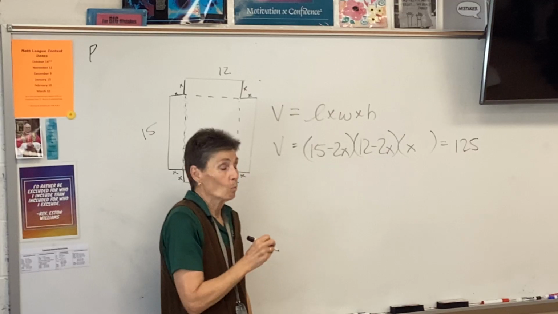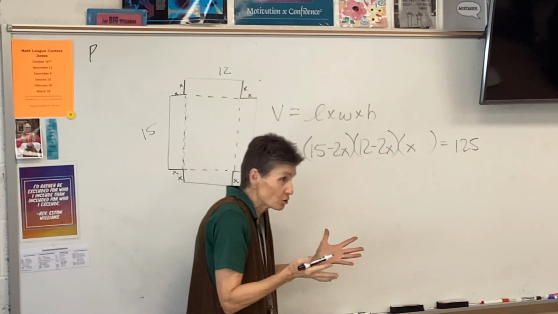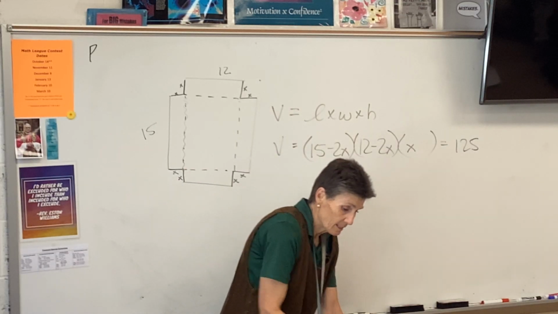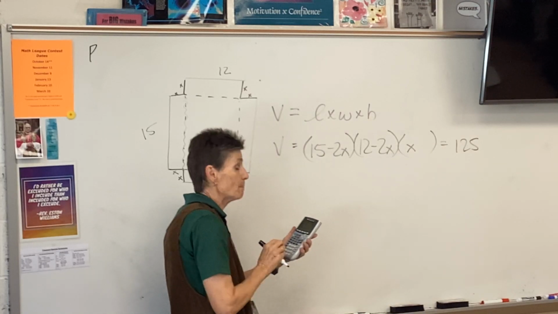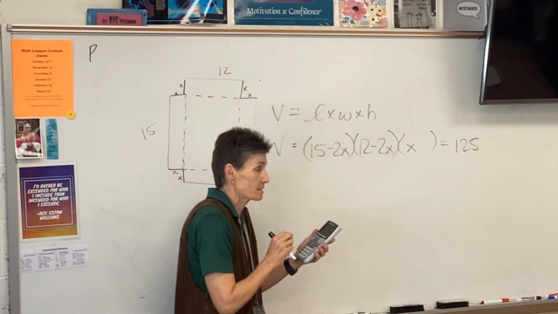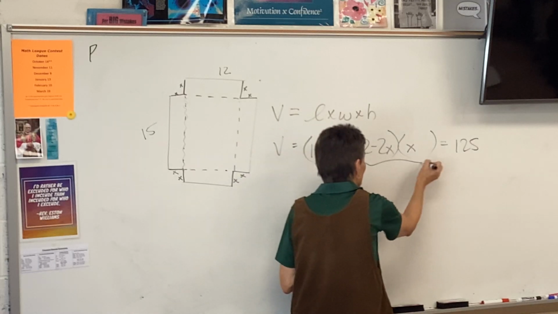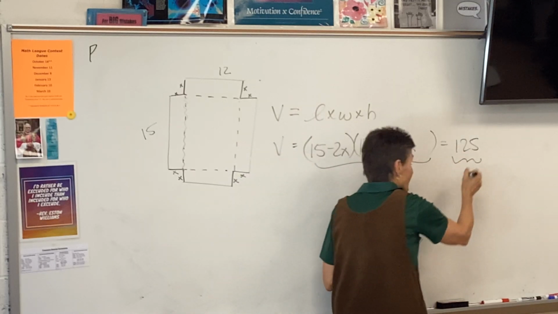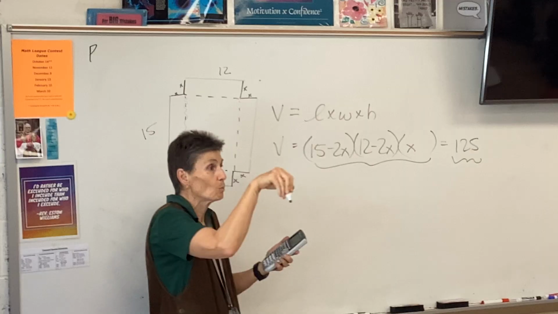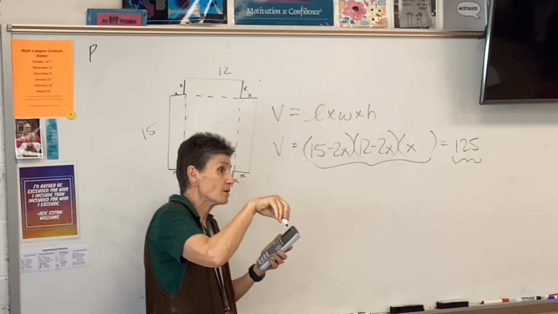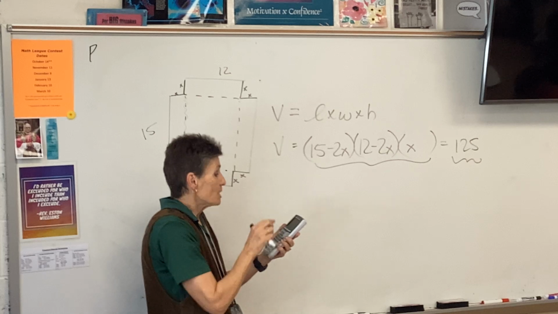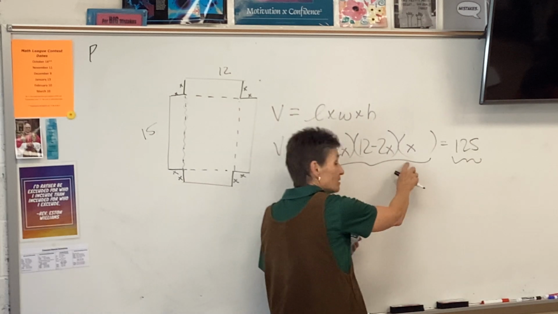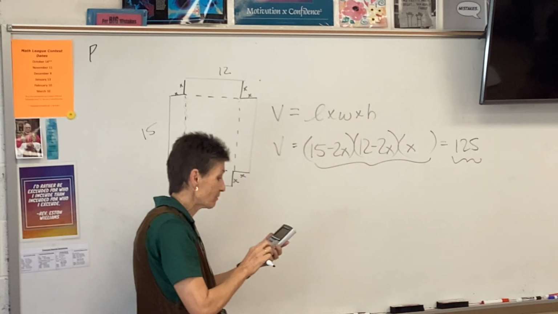Okay, so what I am going to suggest you do is go to y equals and put in two equations. We're going to put this one in, and we're going to put that one in, and then we're going to look to see where they cross each other. So here we go, go to y equals. You can type this in with the parentheses. You don't have to FOIL that out.